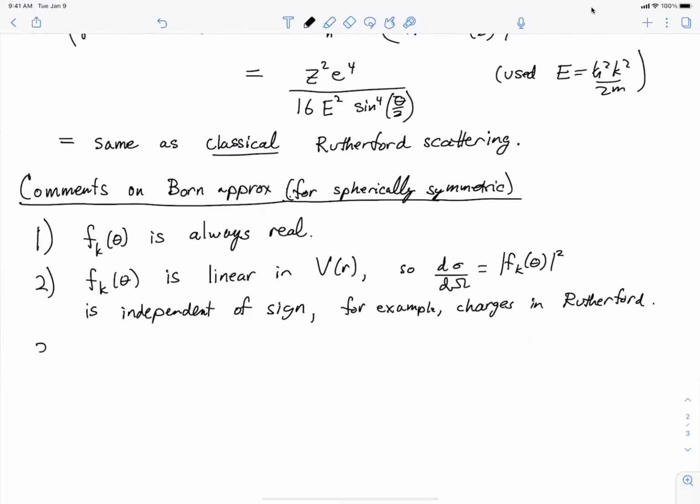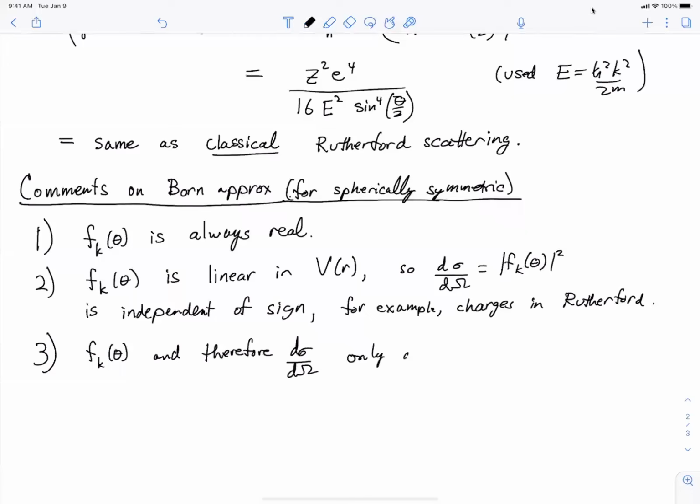Okay, here's another comment. We've really already said this one. f_k of theta, the scattering amplitude, and therefore the differential cross-section only depend on the energy and the angle through one combination.